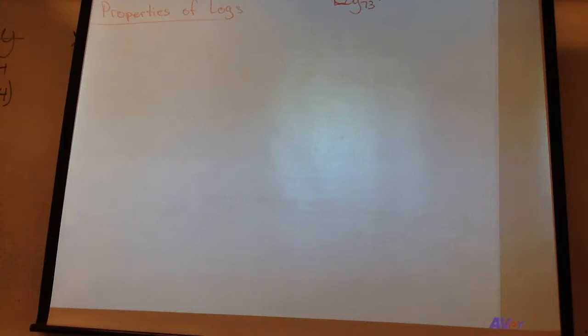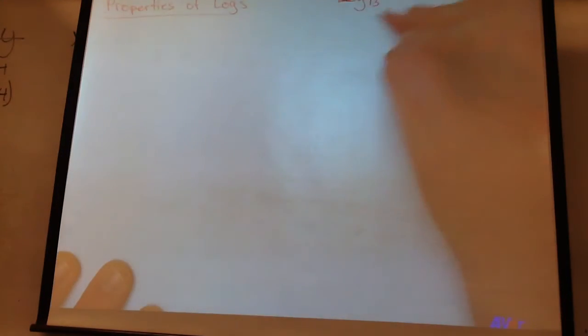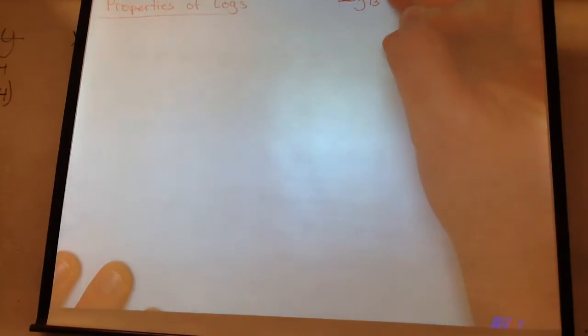How do you know it's 0? This means 73 to what power will give you 1? 0. Anything to the 0 power is 1. 73 to the 0 power is 1. Janik was right.